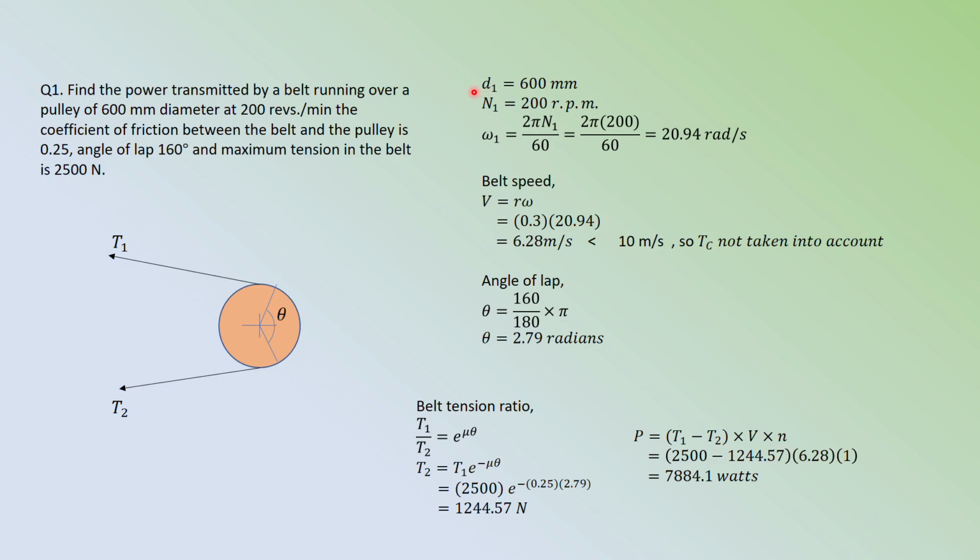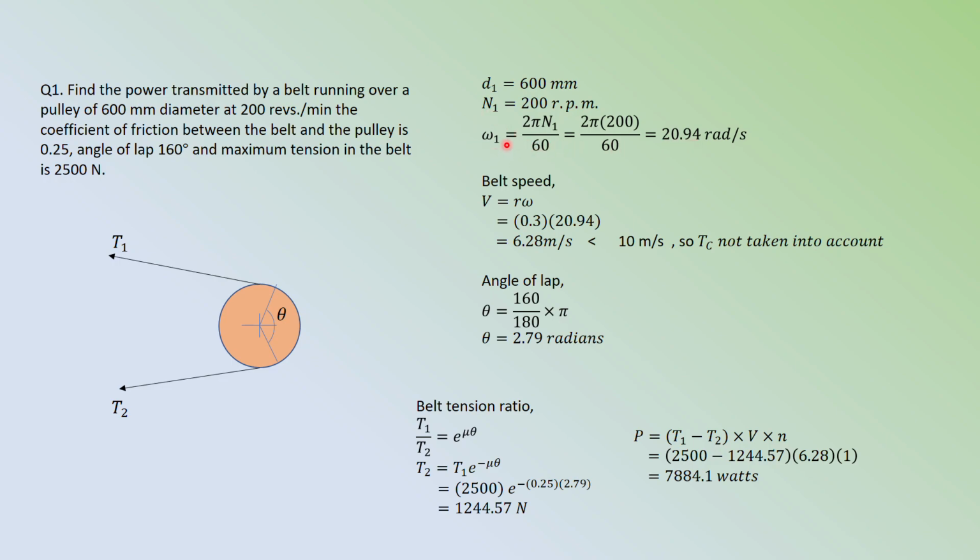So you can convert speed here from revolutions per minute to radians per second by taking 2 pi N over 60, that is converting the minutes to seconds. So that is why you have to divide by 60. So you have seconds, and then revolutions is 200. We have 200 revolutions here, and each revolution is 2 pi. So that is why you multiply by 2 pi. So you have 2 pi N over 60, and you have converted it to 20.94 radians per second.